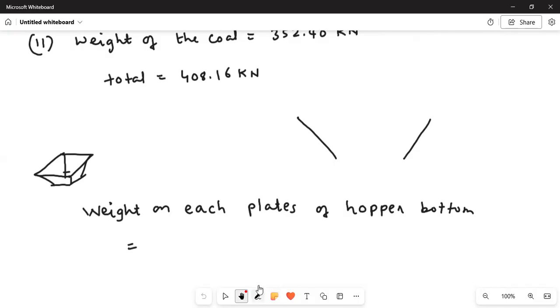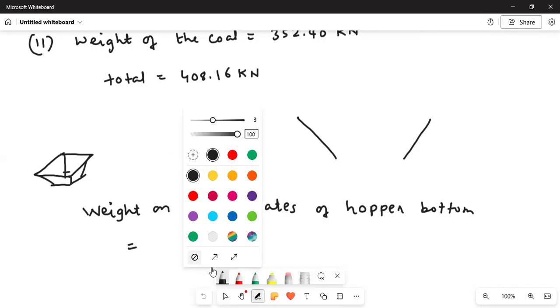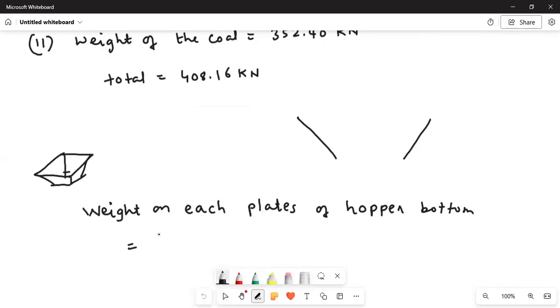Total load 408.16 divided by 4 equals the load on each hopper bottom, as there are four hopper bottoms or four sloping slabs.